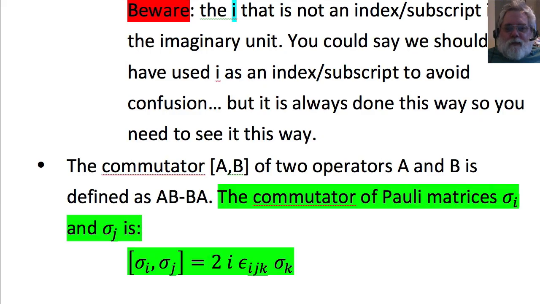The commutator of A and B, which we write as square bracket A comma B square bracket, the commutator of two operators A and B is defined as AB minus BA.